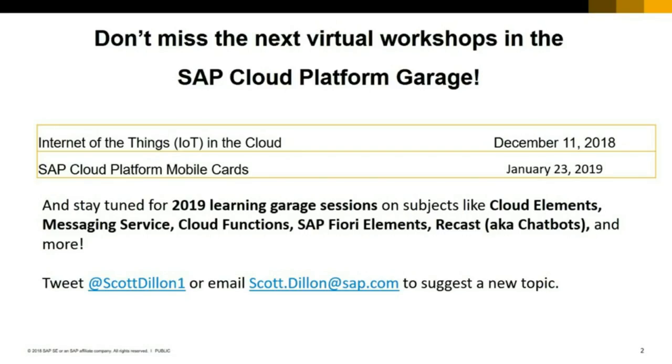And then the second one is going to be mobile cards. We just lined up our speaker for January 23rd. What we're planning to do is show you how to take mobile cards. When you saw the Fiori inbox earlier, we were doing the approvals inside the inbox. We're hoping that we will take that approval process and bring it to mobile using mobile cards.